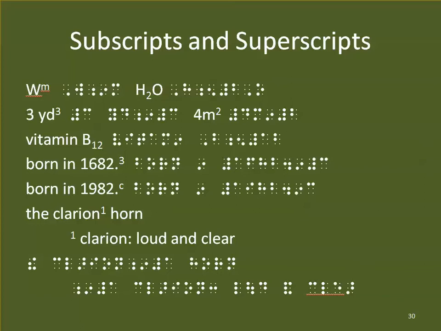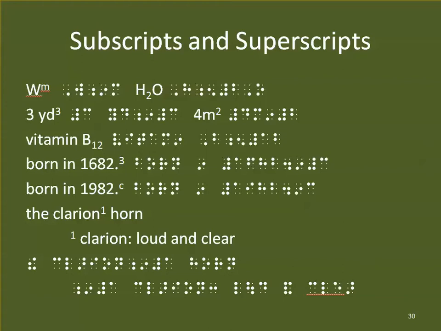The clarion horn, and there's a footnote, say, of number 1 behind the word clarion. So the way we do that in Braille, with that footnote, is 1 and then clarion. So that's our footnote.